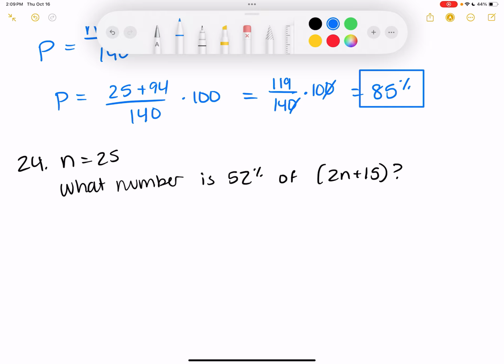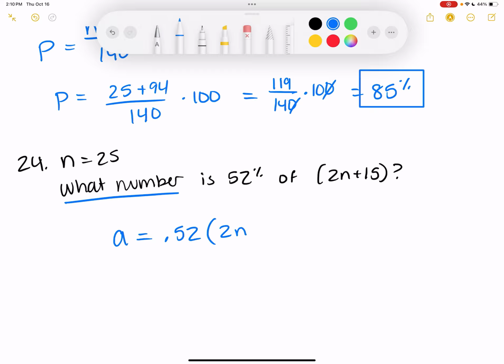Any ideas on how to set this one up? Trying to find what number. So A equals 0.52 times 2n plus 15.